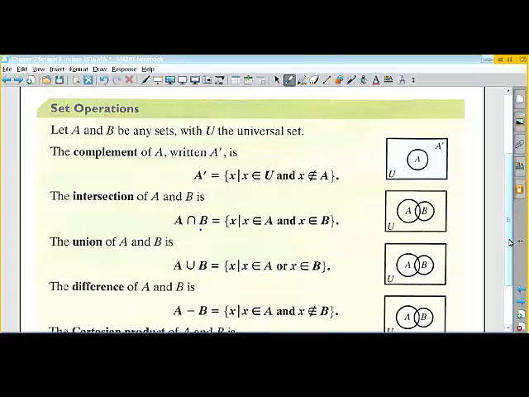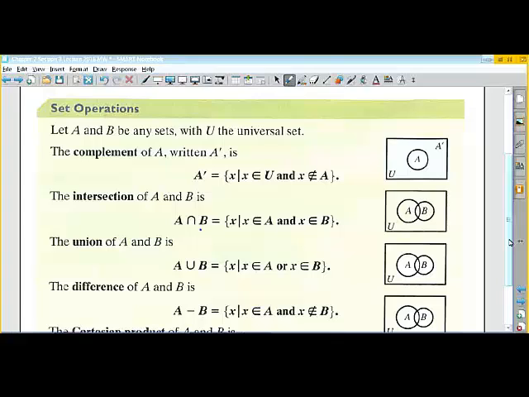The intersection: we have two sets, and some of the elements in the two sets are in common. So the overlap area between these two sets would be where you would have the elements that represent the intersection. This is highlighted right here. It's in your book, you'd be able to see it better.